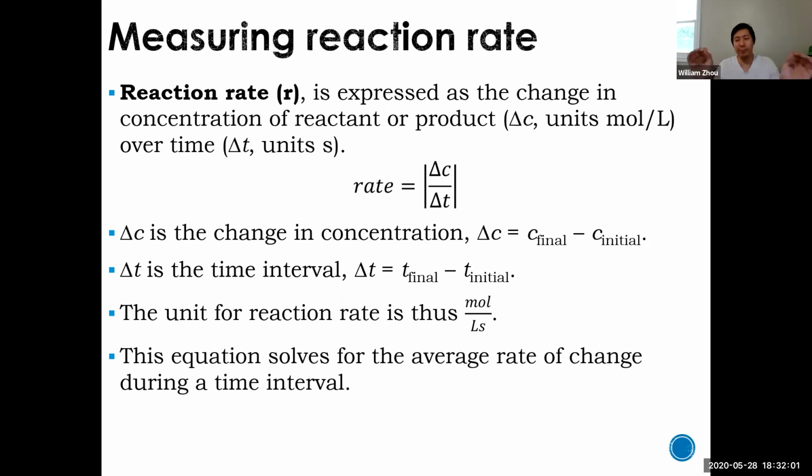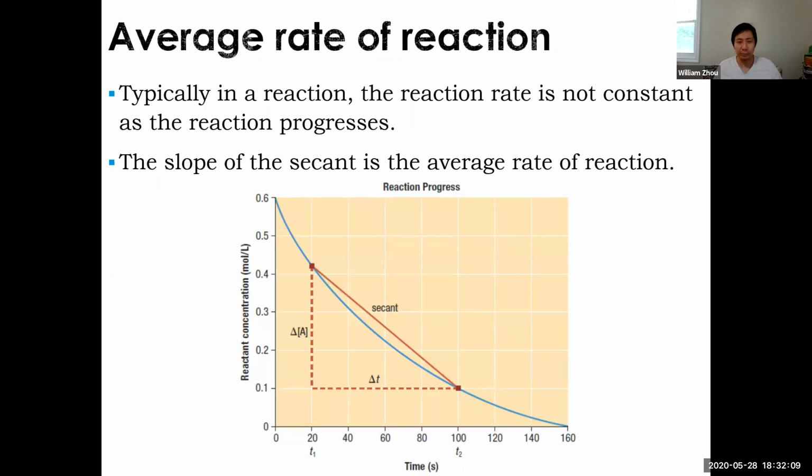If you have two time points and you want to find the rate of change on average between them, that's the formula you need, delta C over delta T. Graphically, if you have a curve that represents a rate of reaction and you want to measure the average rate of reaction between 2 points, in calculus you learned that that is just the slope of the secant between those 2 points. And to calculate the slope, it is rise over run.